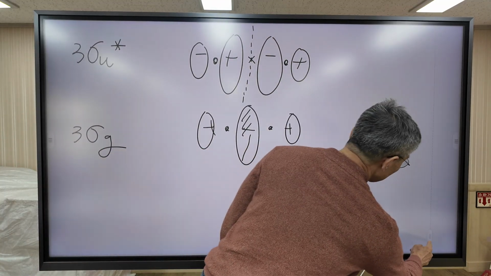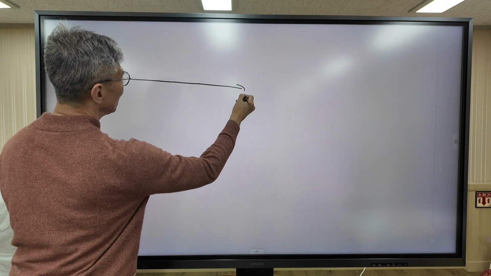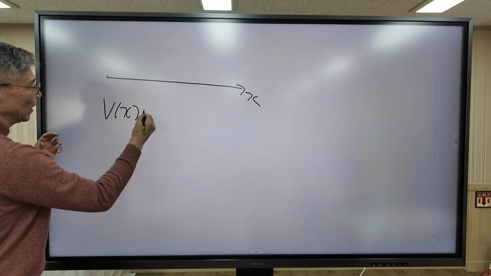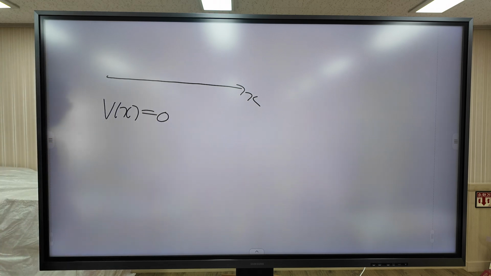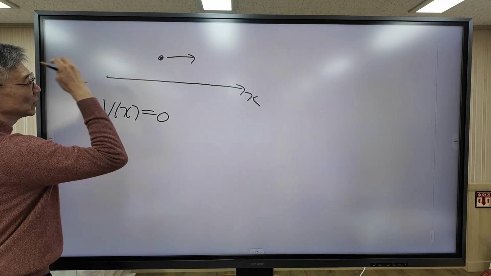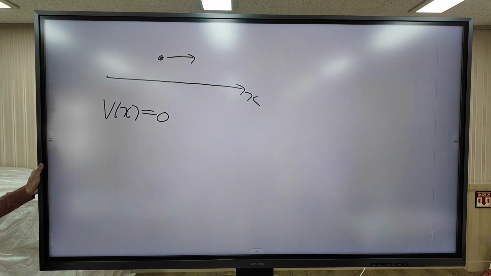Now, we are in a one-dimensional box here. Assume that there is no potential. Now, the particle moves. As you know, when the particle moves, the velocity does not change.